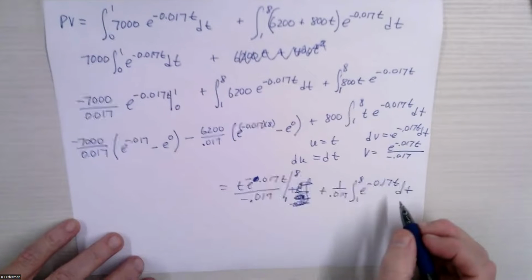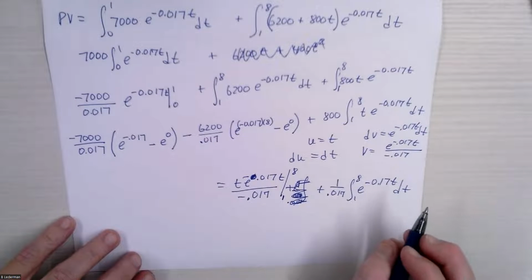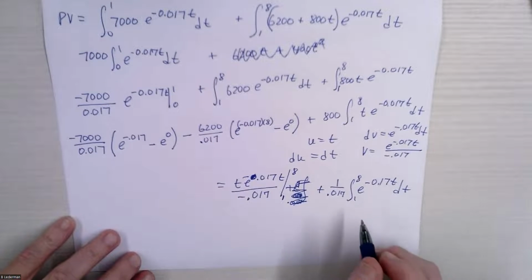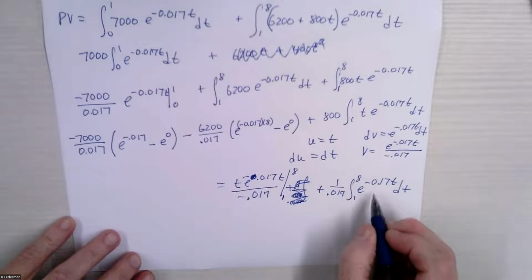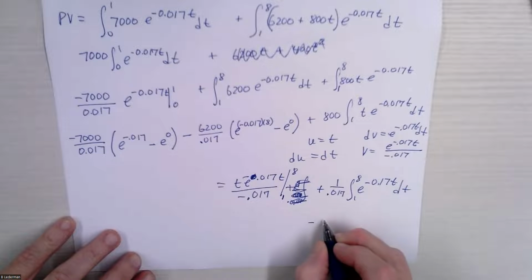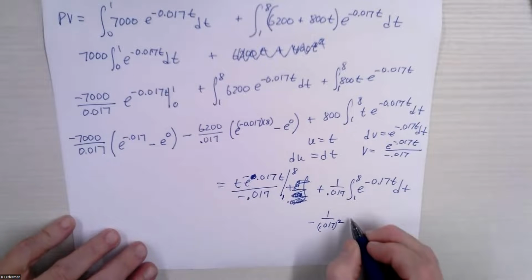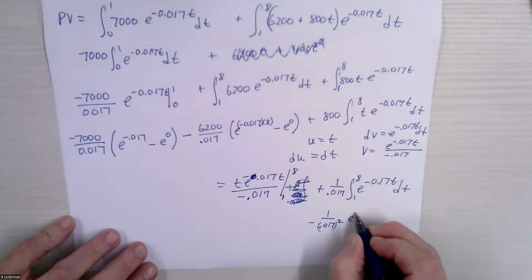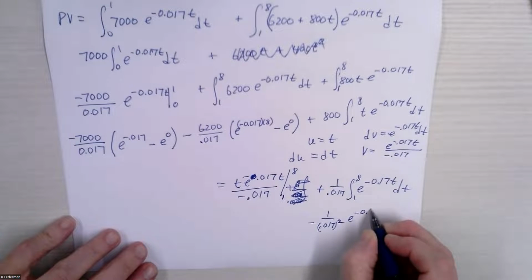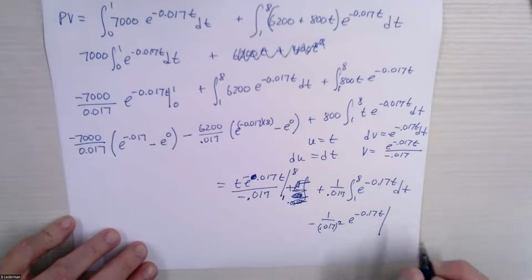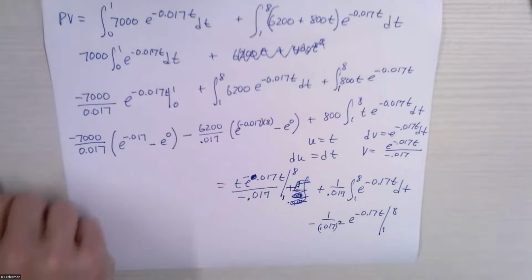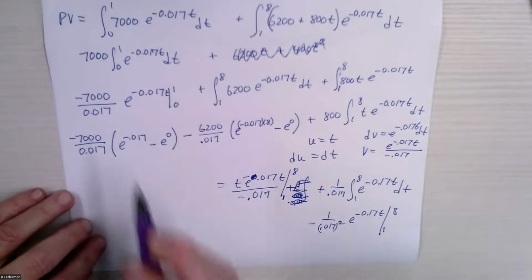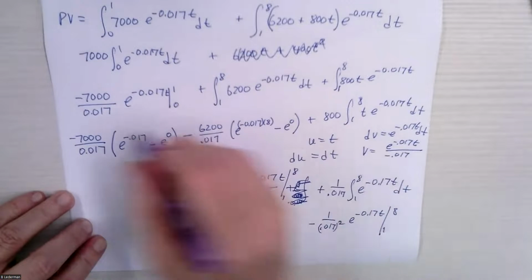And now finally, this integral here is going to be minus 1 over 0.017 squared times e to the negative 0.017 t, evaluated between 1 and 8. I'm not going to have room to write everything.